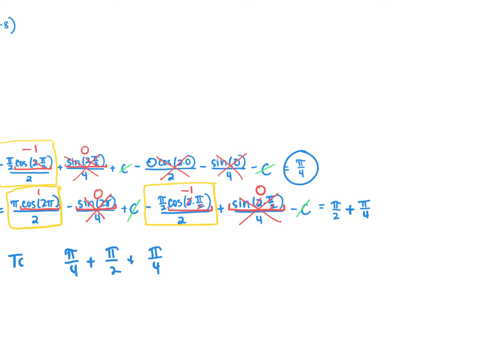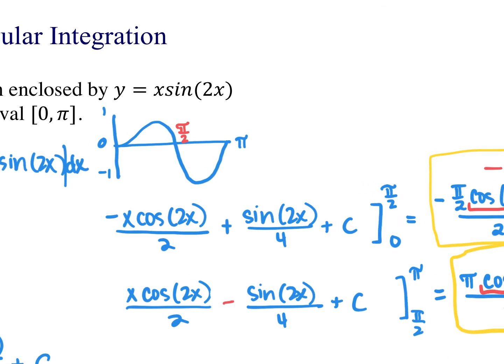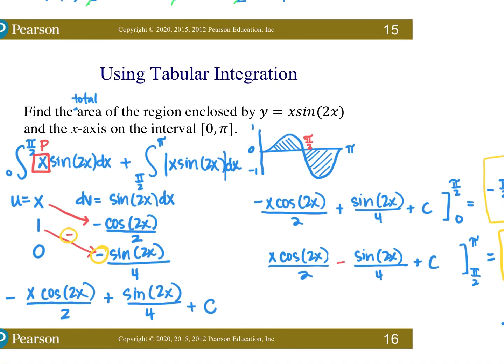And so that's just going to give me my total. And my total turns out to be 4 pi over 4, or just pi. So the total area of all of this negative and positive area added together is pi.